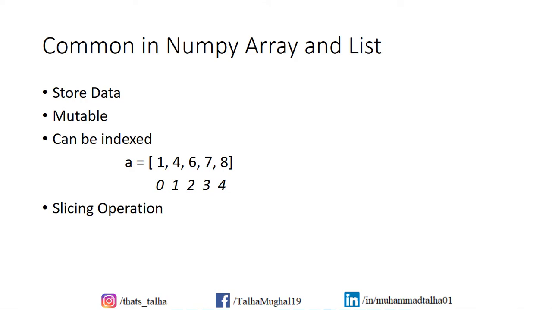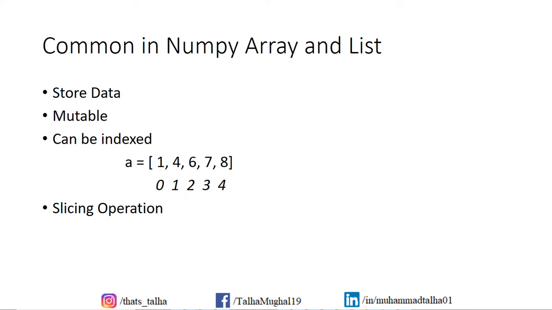For example, here we have a list and a NumPy array called A. And in that A, we have multiple items, which are 1, 4, 6, 7, and 8. Now all these items have specific indexes stored against them. So this is common between both data structures.